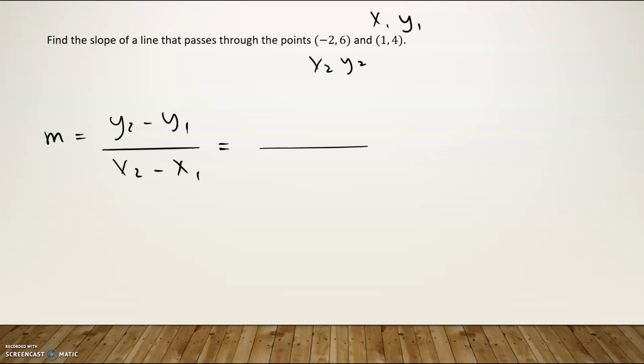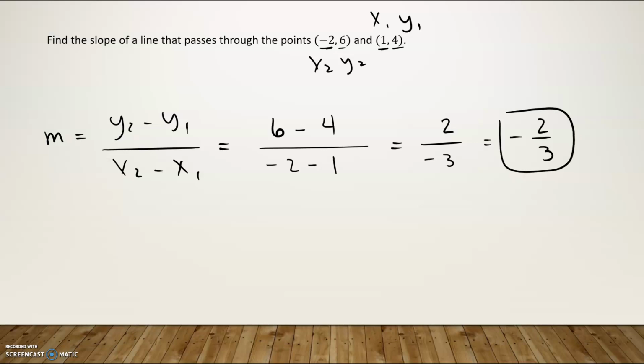Okay, so we've got y sub 2 is 6, minus y sub 1 is 4, x sub 2 is negative 2, minus x sub 1 is 1. So 6 minus 4 is 2, negative 2 minus 1 is negative 3. So this is negative 2 over 3. And there's your slope for a line that passes through those 2 points.